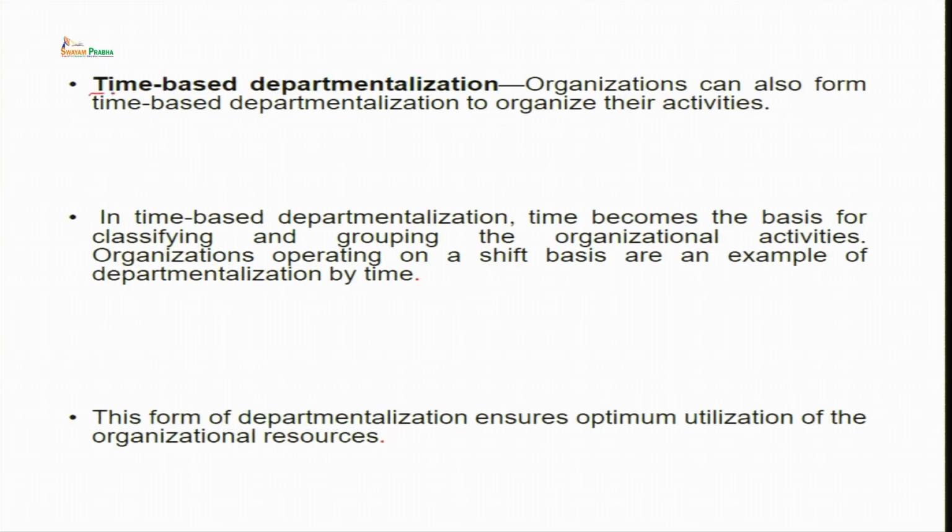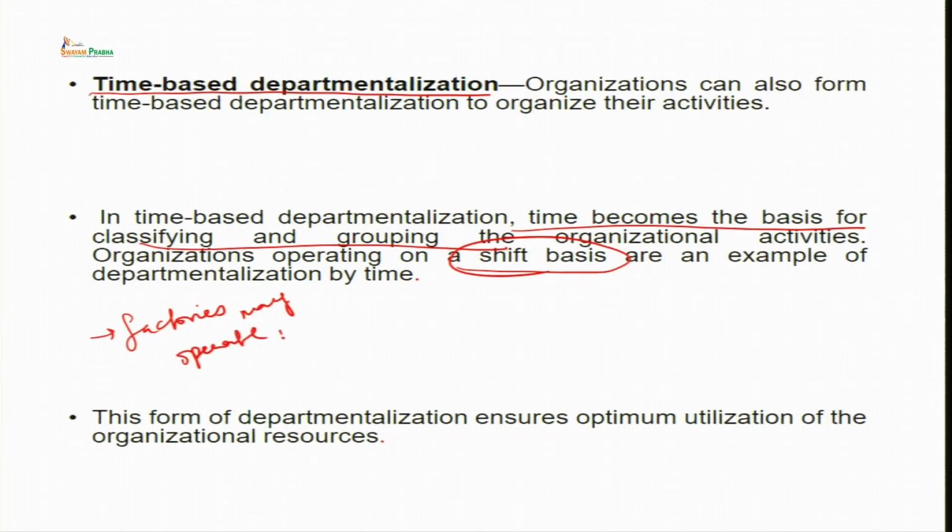Then comes the next form of departmentalization, that is time based departmentalization. So, here what happens, time becomes the basis for classifying and grouping the organizational activities. So, organizations operating on a shift basis are examples of departmentalization by time. For example, factories may operate in 3 shifts or maybe more for all hours in a day, with separate functional departments and separate managers for each shift.